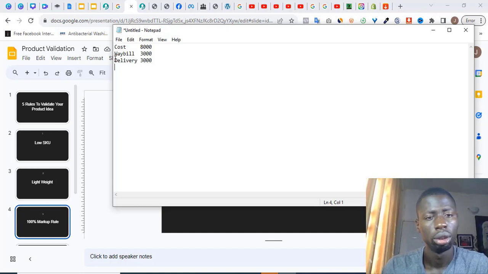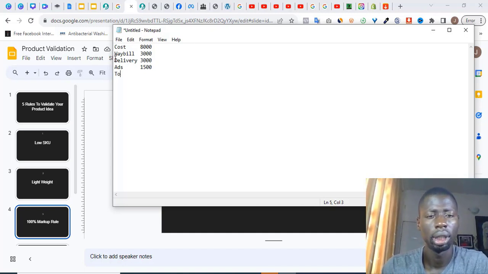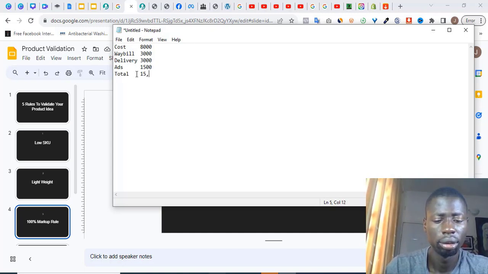Let's just assume you spend around 2,000 naira. Let's just assume you spent that high. Or okay, let's say it's fair, you spent 1,500 naira to get one customer. Now, in total, you would have spent around 15,500 naira. That's what the total cost for this product will be.